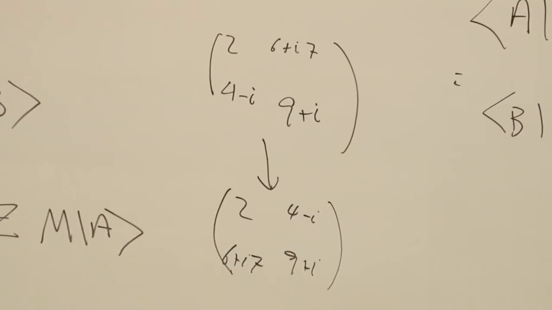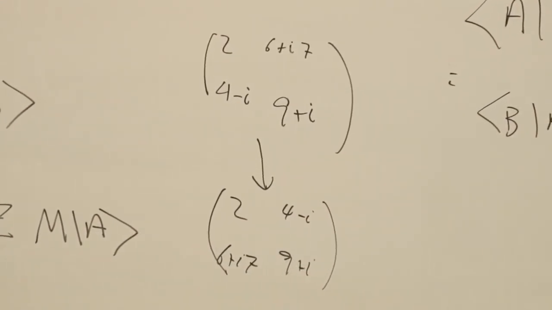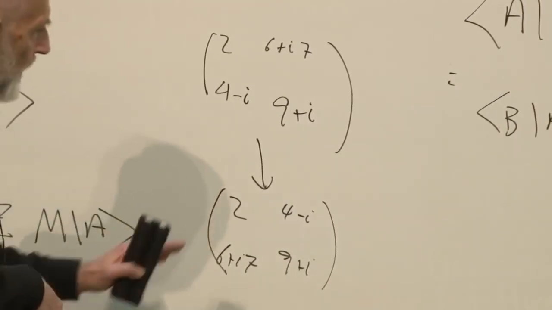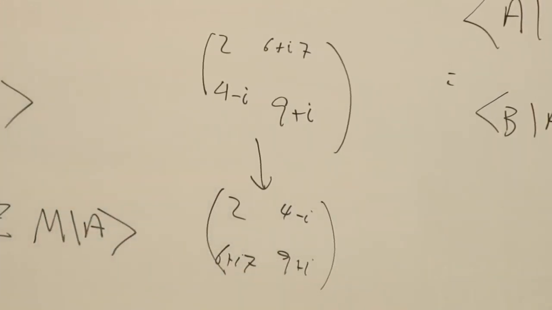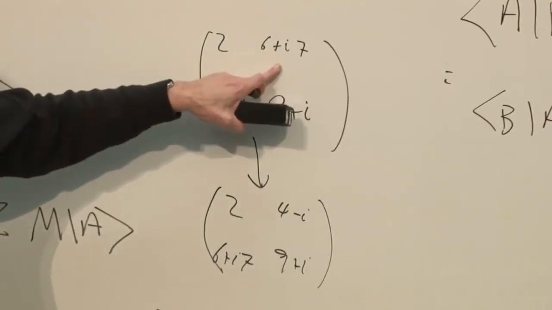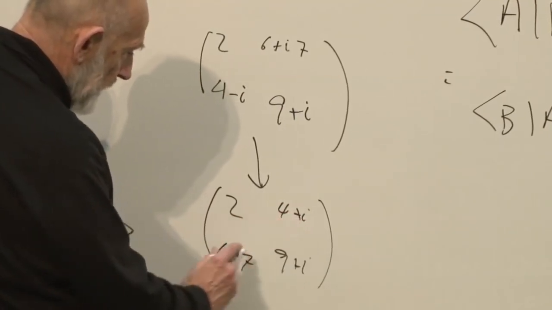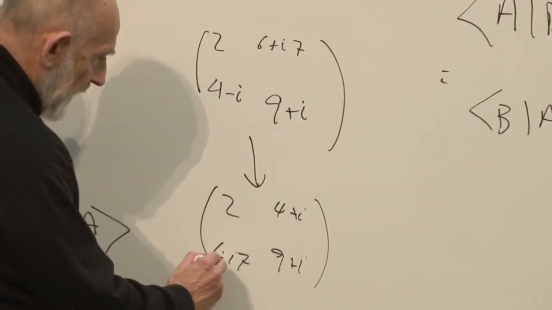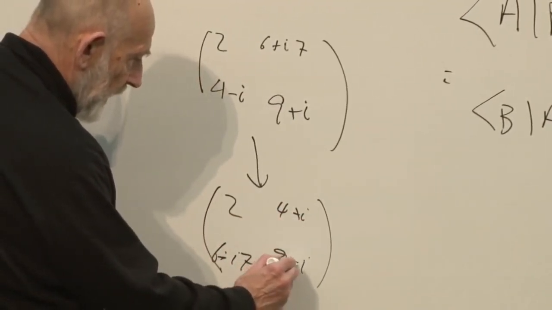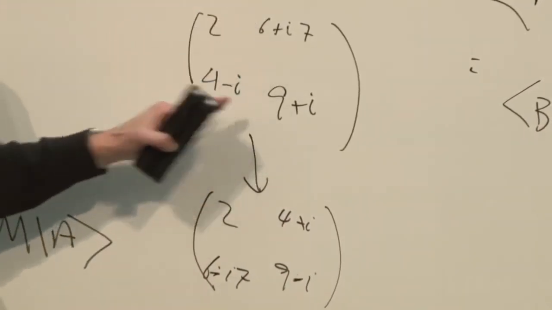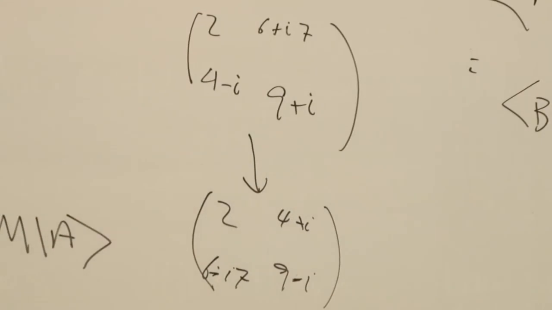What is that process of flipping it like that called? Transpose. That's called the transpose. So flipping it is a transpose, but then you have to complex conjugate it. Complex conjugating just means wherever you see I, put minus I. So this becomes 4 plus I, 1 minus 7I, and 9 minus I. And that's the matrix that represents the Hermitian conjugate of the original matrix.